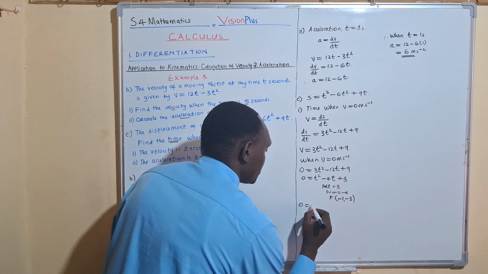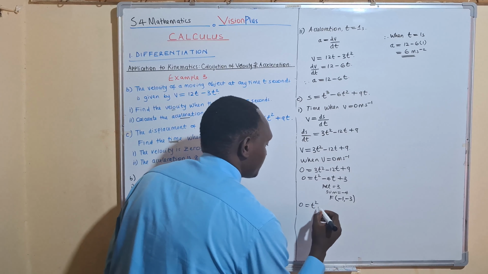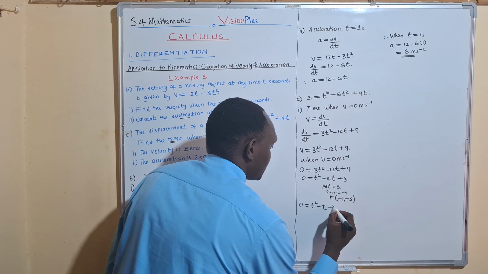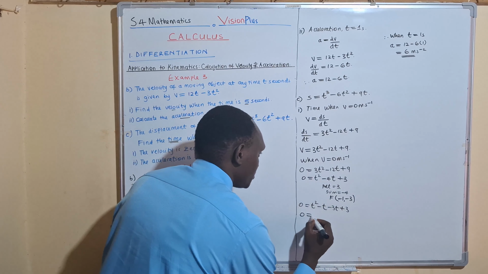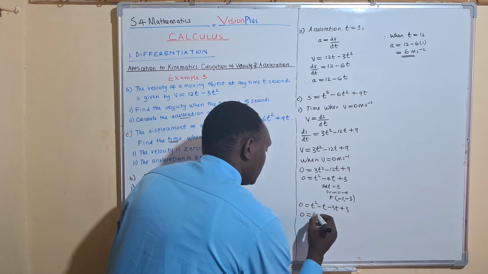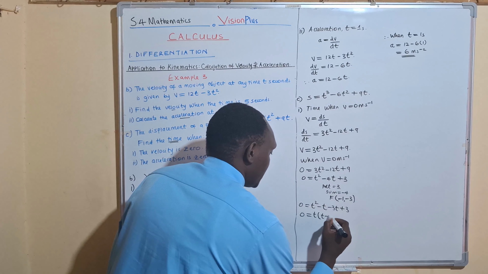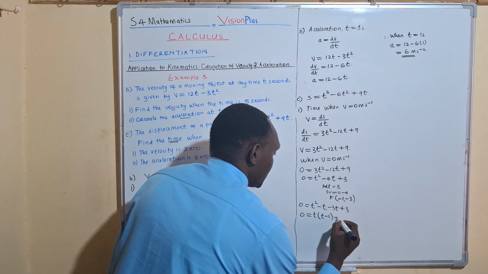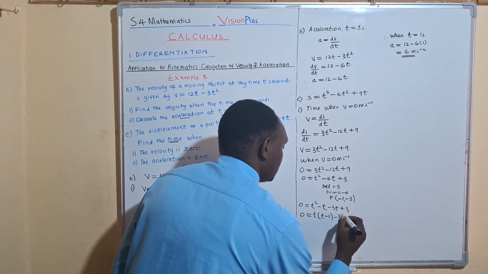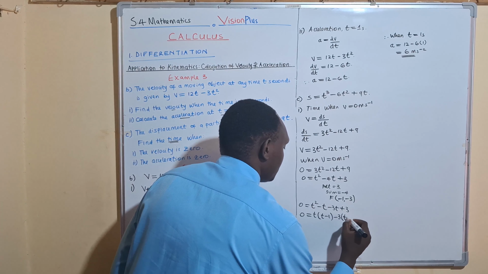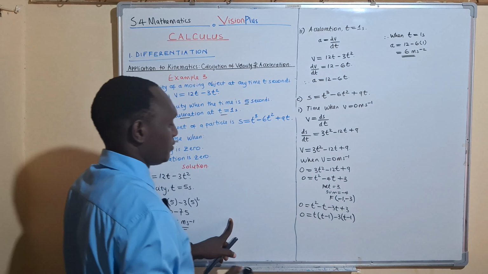Therefore, 0 equals t squared minus t minus 3t plus 3. Then we factorize: 0 equals t into (t minus 1) minus 3 into (t minus 1).